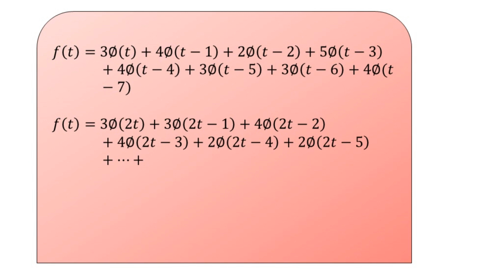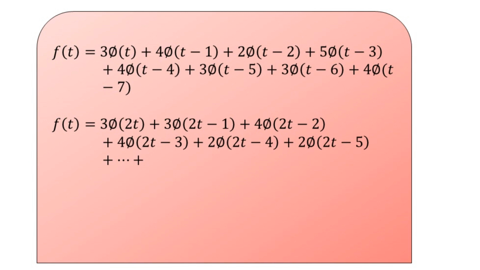We have just now seen that for every functional basis, as it was 3 times phi(t), we have substituted it by 3 times phi(2t) plus 3 times phi(2t minus 1). We have substituted 4 times phi(t minus 1) by 4 times phi(2t minus 2) added by 4 times phi(2t minus 3), and so on here.